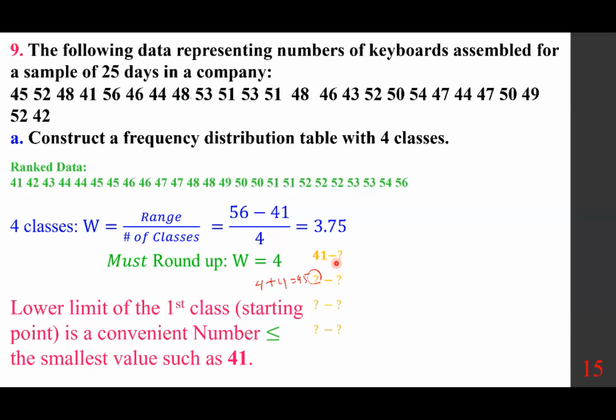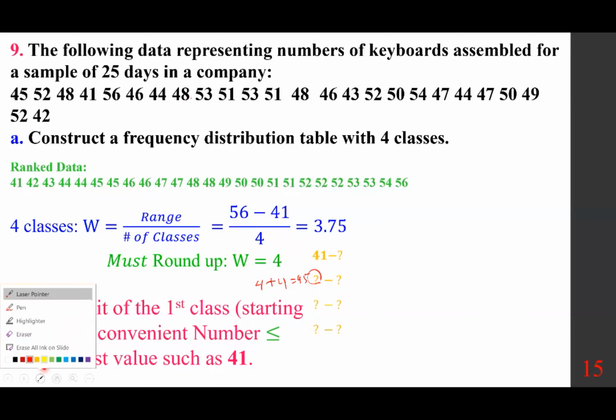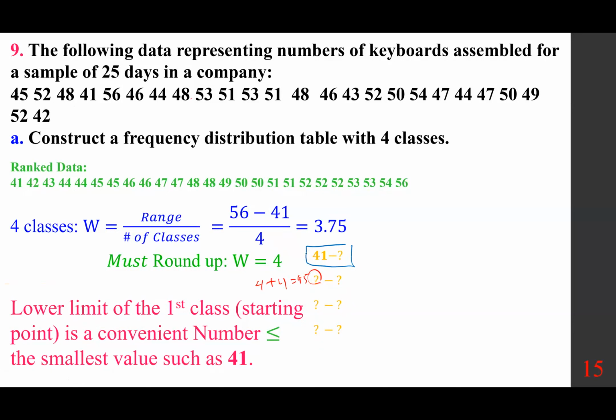What about here? Remember when we were dealing with one class, we said the width is the upper limit minus the lower limit plus 1 unit. So for this one, the width is 4.